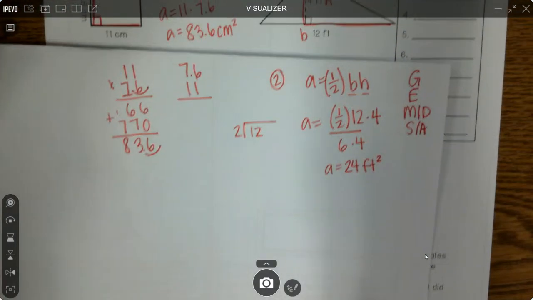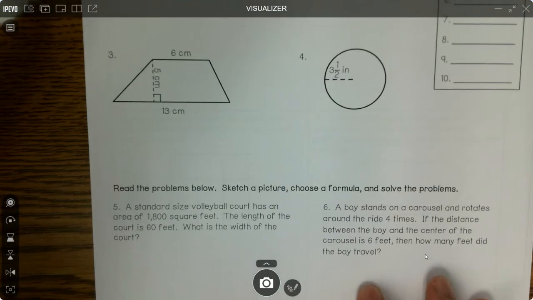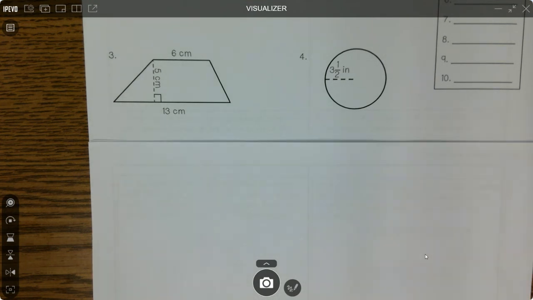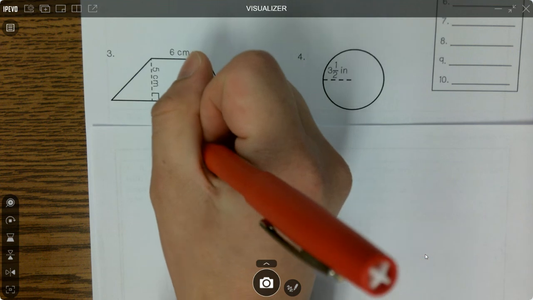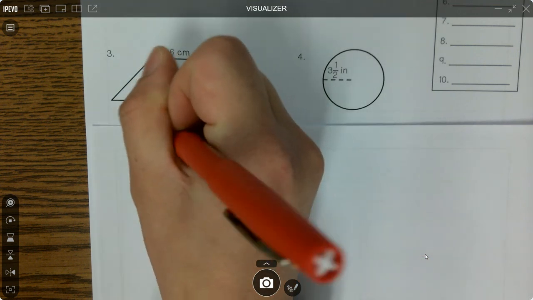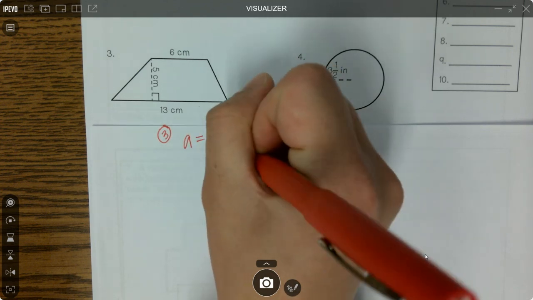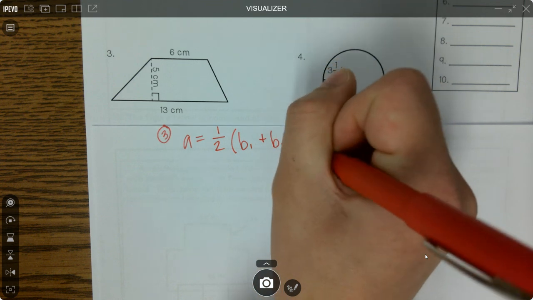All right, let's look at number 3. All right, what type of shape is number 3? Number 3 is a trapezoid. What is the formula for area of a trapezoid? If you correctly looked at your star chart, you are going to find that area equals 1/2 parentheses base 1 plus base 2 parentheses times height.